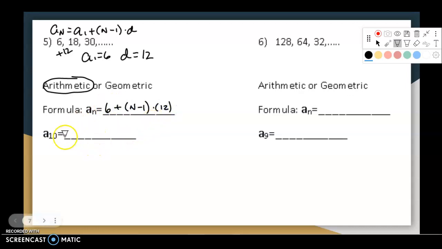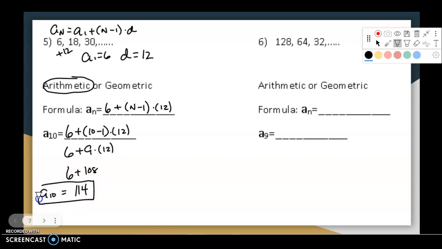And then to find A10, I'm going to put a 10 in for n. So I'm going to have 6 plus 10 minus 1 times 12. So that's going to be 6 plus 9 times 12. So that's 6 plus 108, which is 114. So A10 is going to be 114.